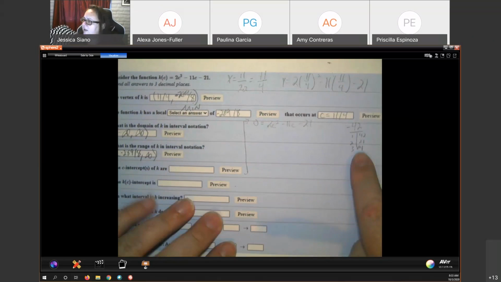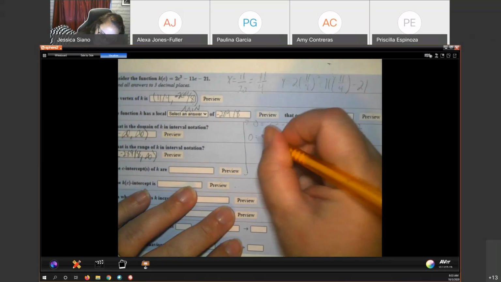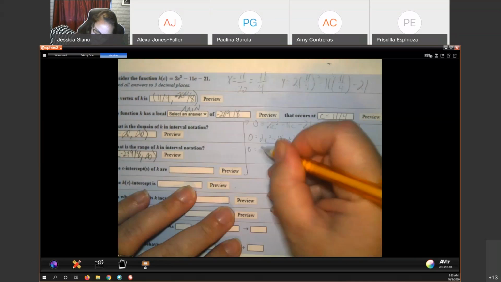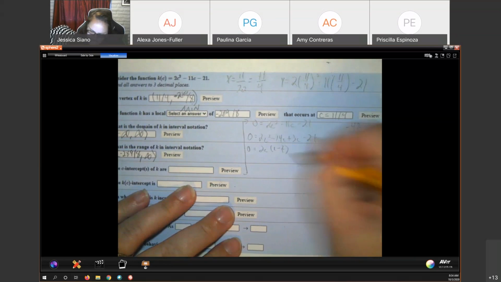Okay, so it'd be -14 and a +3. Minus 14c plus 3c minus 21. GCF out, 2c, c minus 7.